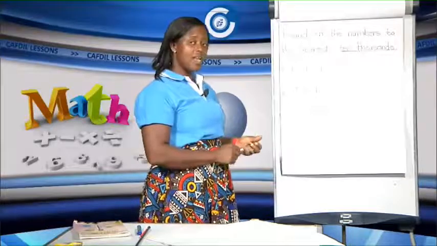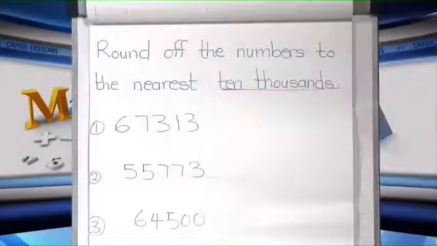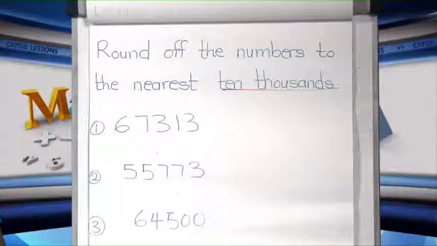If the number at the thousands place is 5 or more, we will add 1 to the number in the 10,000s place. But if it is 4 or less, we will maintain that number and write the rest as zeros.